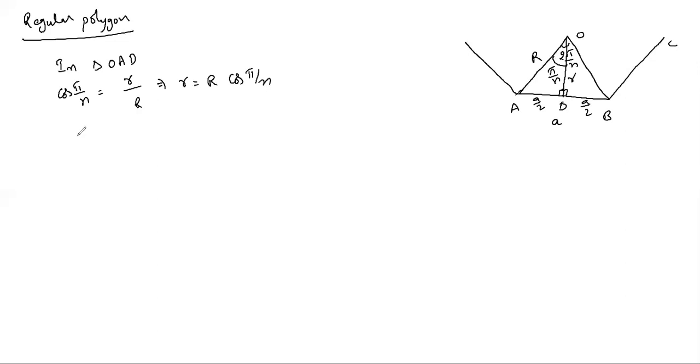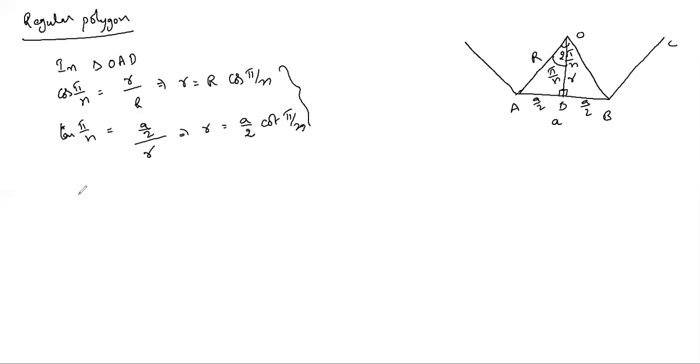Similarly, for the inradius in terms of the side, consider tan pi by n, which equals the opposite side a by 2 over the adjacent side r. So r equals a by 2 into cot pi by n. These are the two formulas for the inradius, in terms of the side as well as in terms of the circumradius.